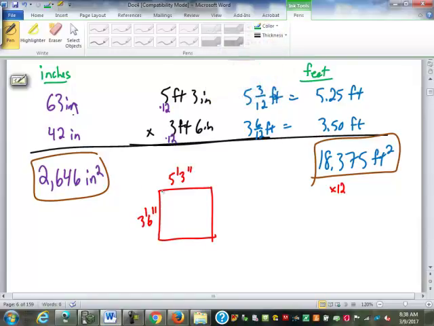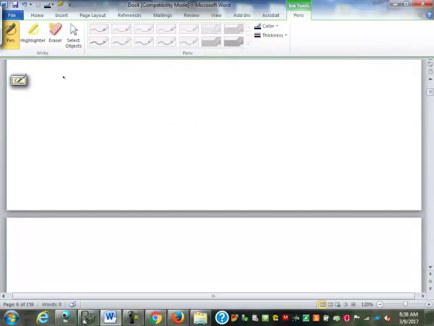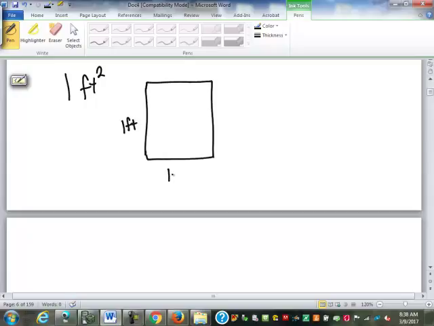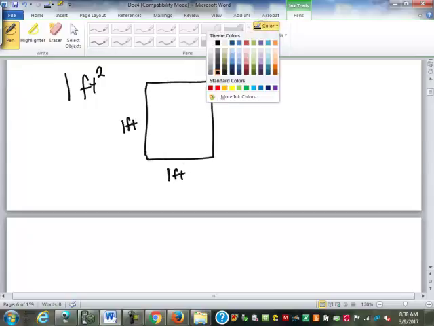Because this is an area, it has two dimensions. Multiplying by 12 converted this one from feet to inches, but I had to convert this one as well. I have to do 12 twice. Realistically, when we're looking at areas, 1 square foot is defined to be a square that is 1 foot on each side. 1 foot by 1 foot.